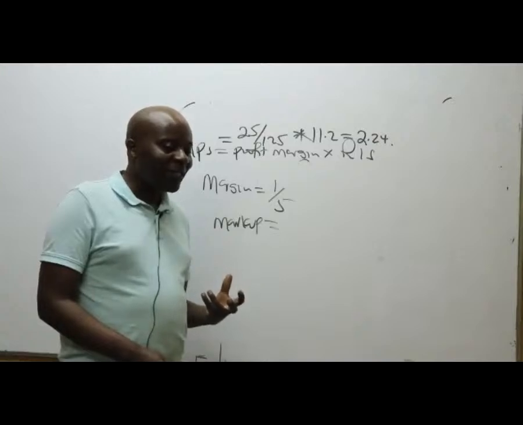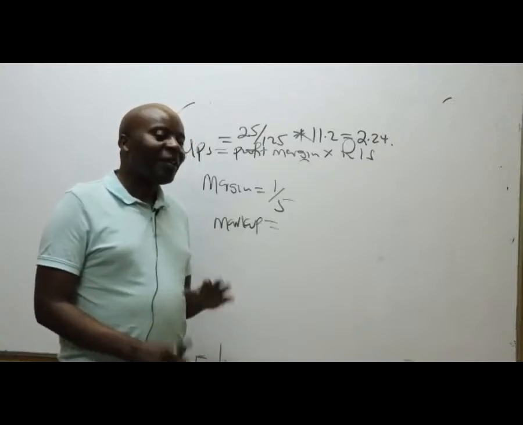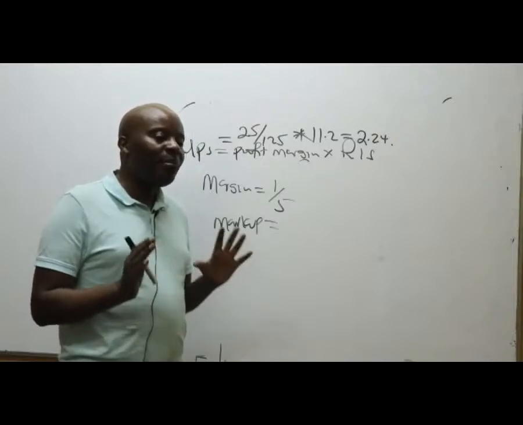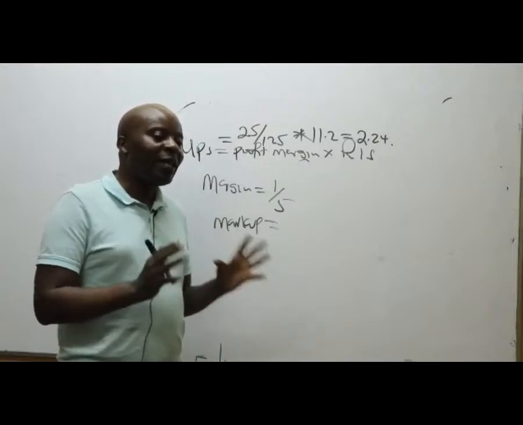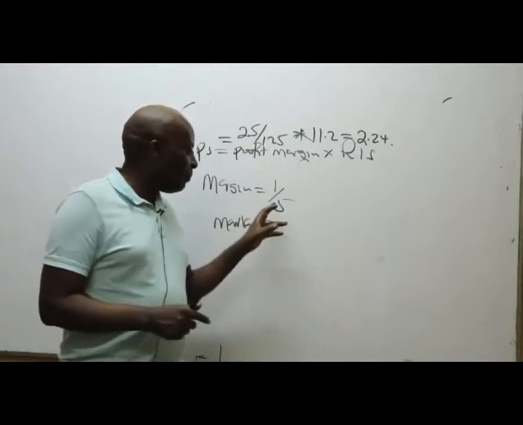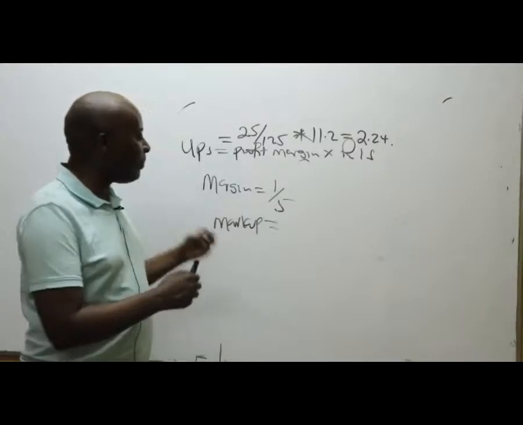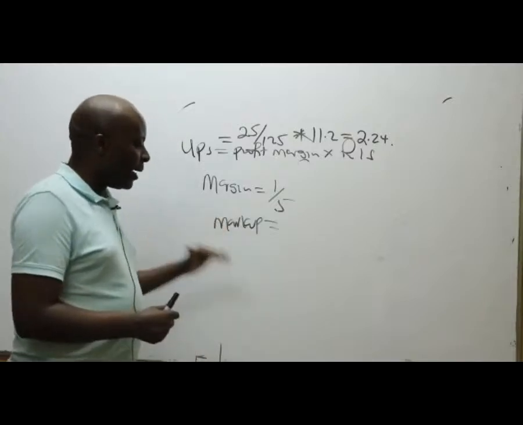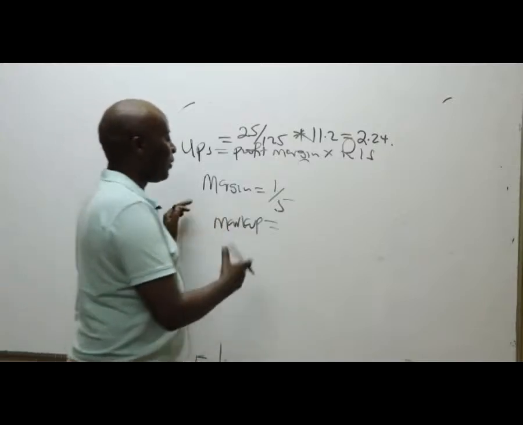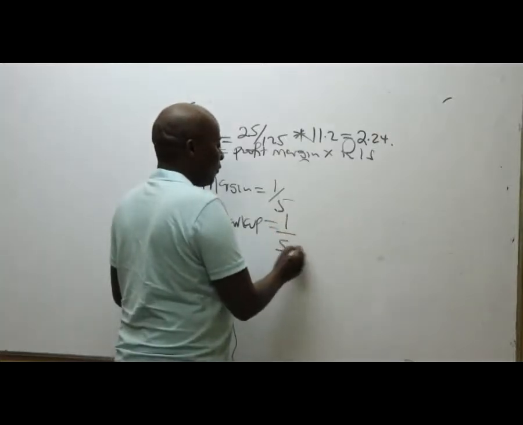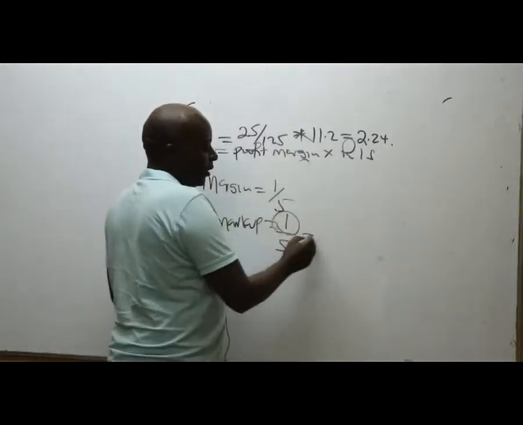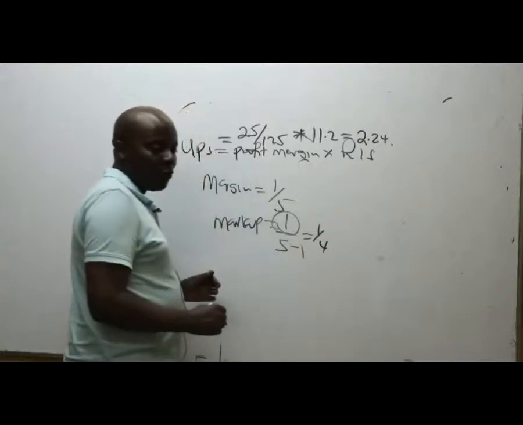The one that has a big denominator is the margin. Margin always has a bigger denominator. For markup, I go down. So in this case, for markup, it will be 1 over 5 minus the numerator, which will be 1 over 4.